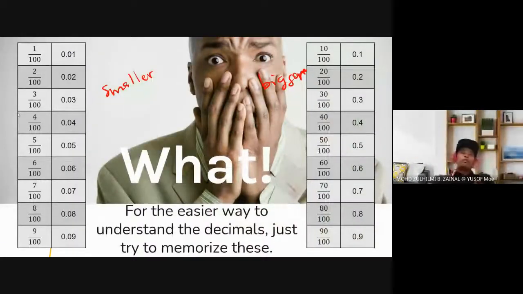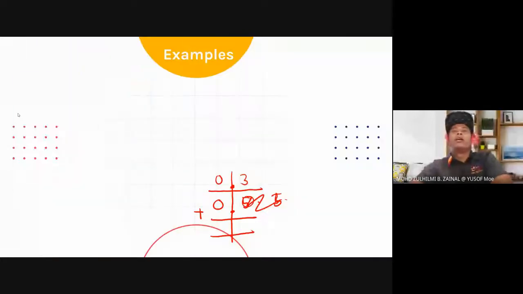If you remember this table, you can do it. Memorize this. Okay, it's easy. It's not that hard to memorize. You have to remember one hundredth is smaller than 10 hundredths. 0.01 is smaller than 0.1. You need to know this.